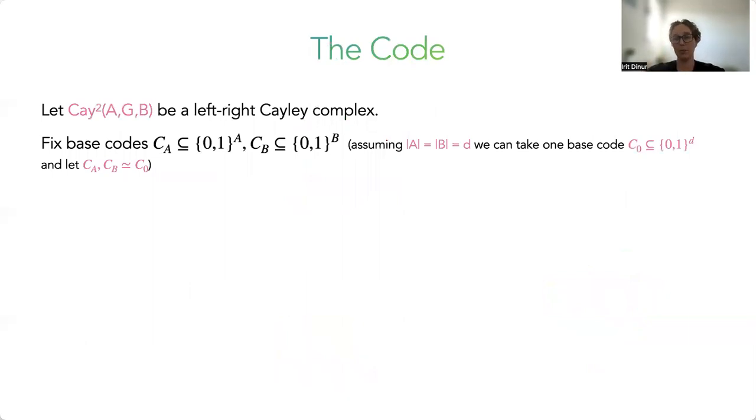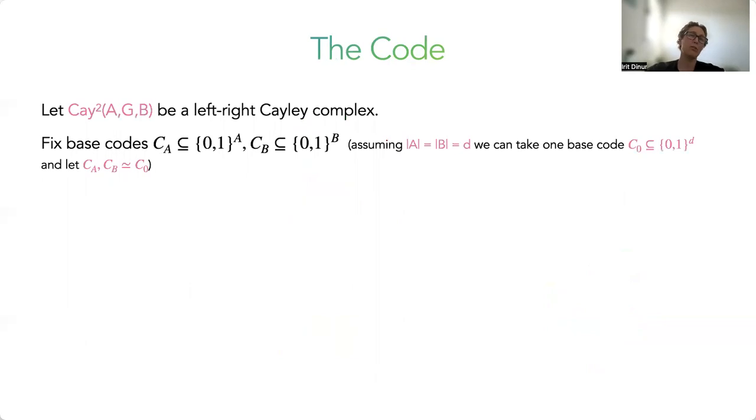So now I described the Cayley complex, and I'm going to move on to describe the code itself. So suppose we have a left-right Cayley complex, and let me also take as building blocks a base code, just like Sipser and Spielman had their C0, I'm going to also have a C0.